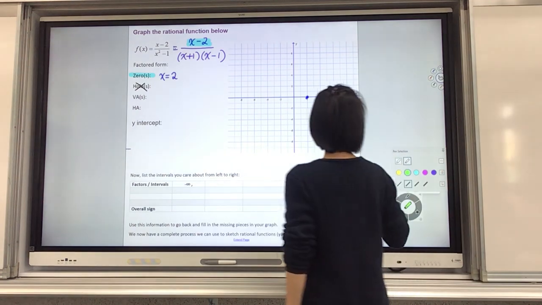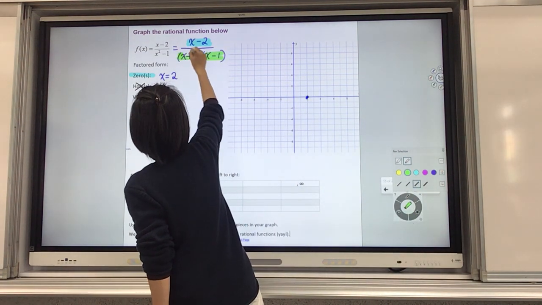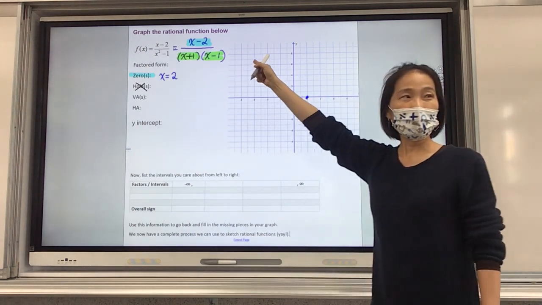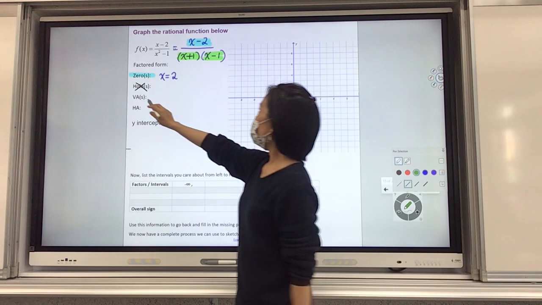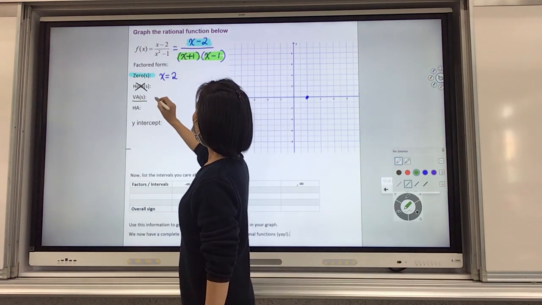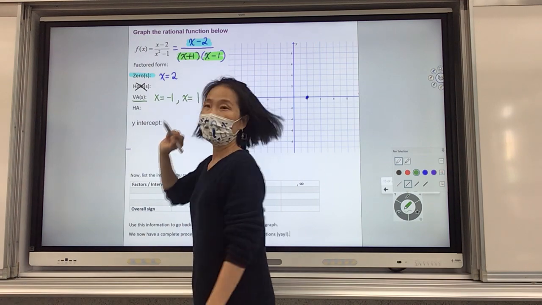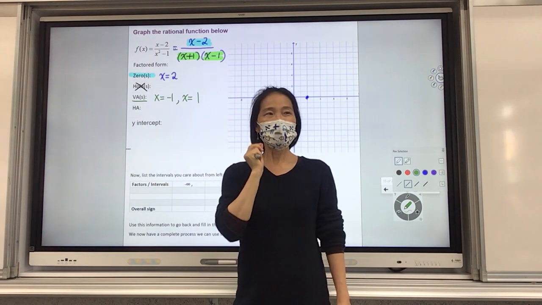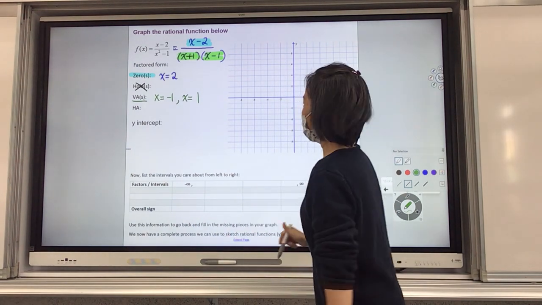Negative 1. Yeah. The denominator, the undefined values are still there. These are the vertical asymptotes: x equals negative 1, x equals 1. Once again, an asymptote is a line equation, not just 1 and negative 1.